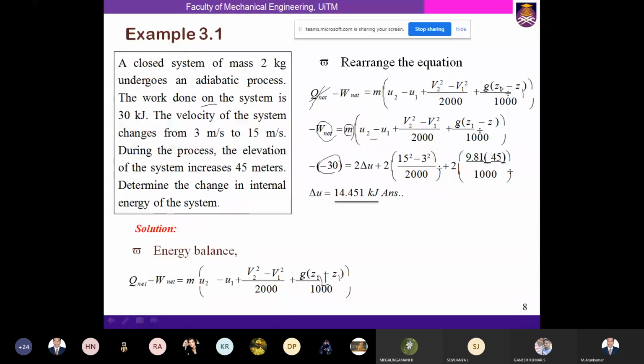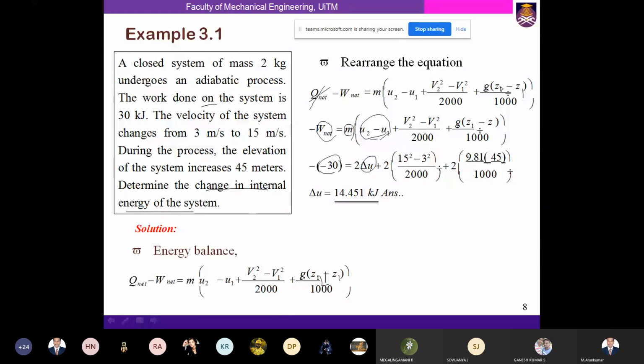Change in internal energy. Mass into internal energy, mass into kinetic energy, mass into potential energy. It's 2 into delta U plus 2 into KE plus 2 into PE.